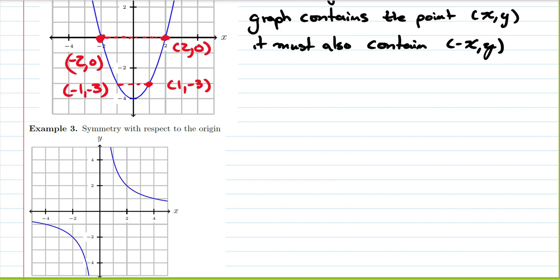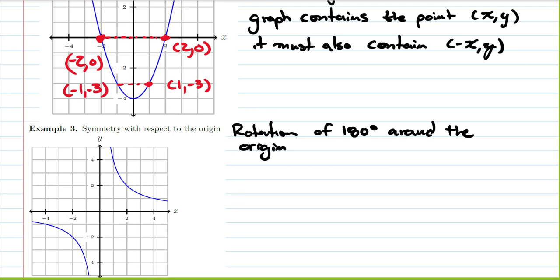Symmetry with respect to the origin is a rotation of 180 degrees around the origin.